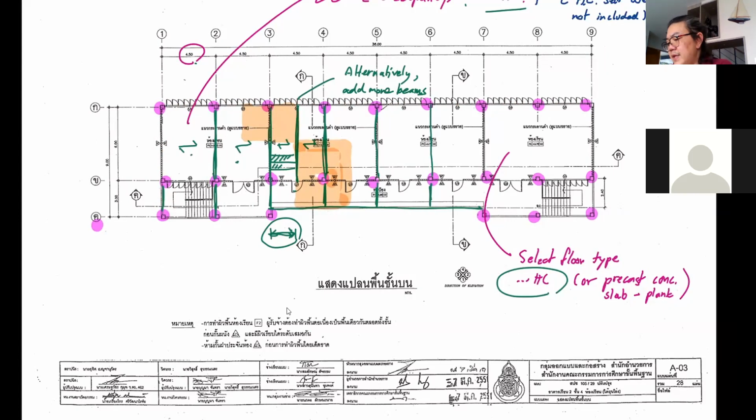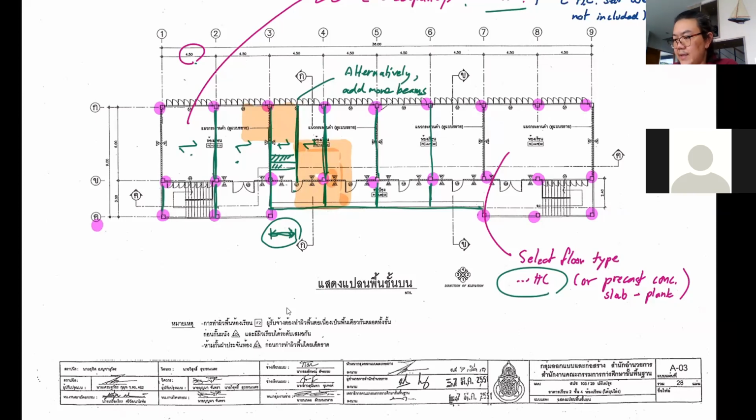The thing is, because this is a steel structure, we always need to have the frame to resist the lateral load in both X and Y direction. So whether you like it or not, this shall be part of the frame.